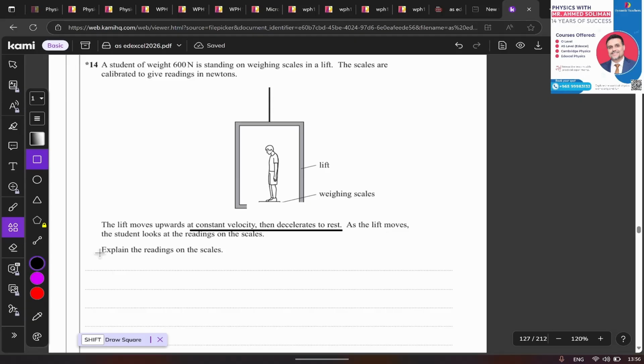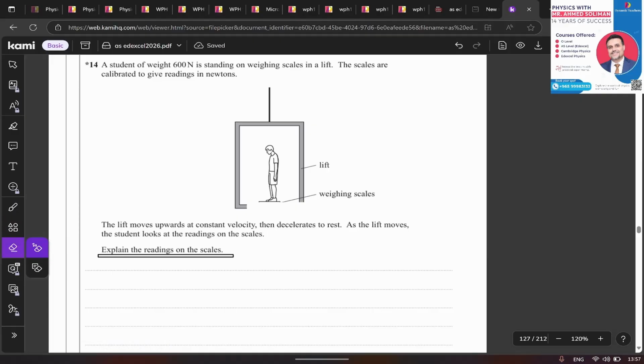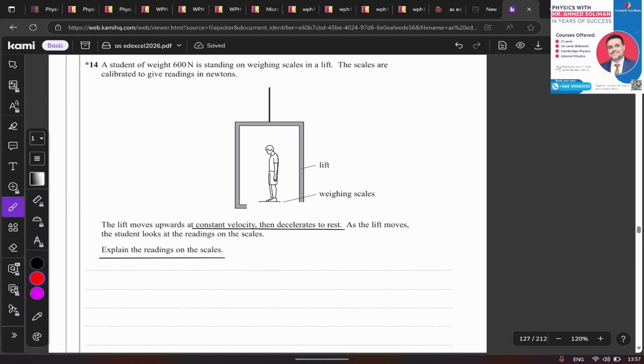So explain the reading on the scale. First you have to decide what is the force that gives us the reading of the scale.